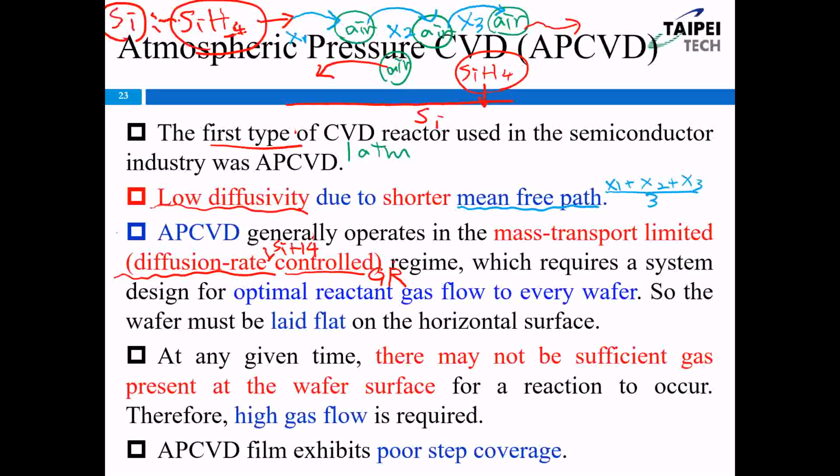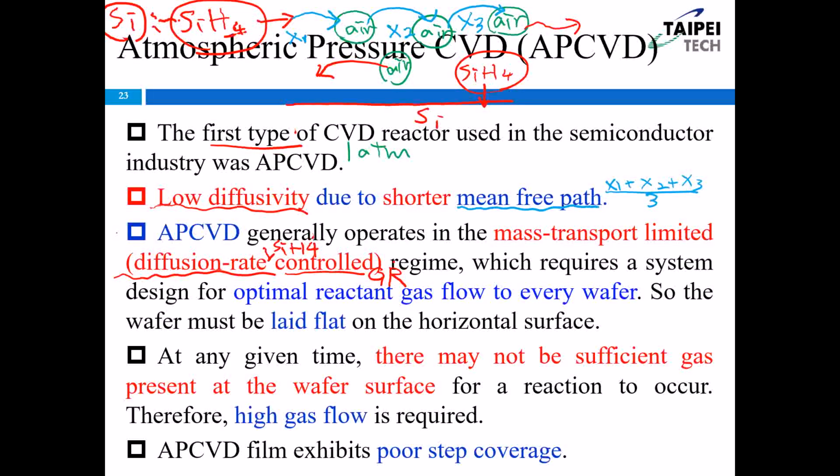But one thing is missing. The reactant is not enough. So today, if the flow rate is higher, and also the flow rate is uniform, then we can have the uniform growth rate.